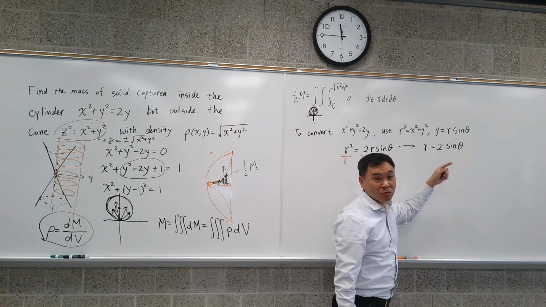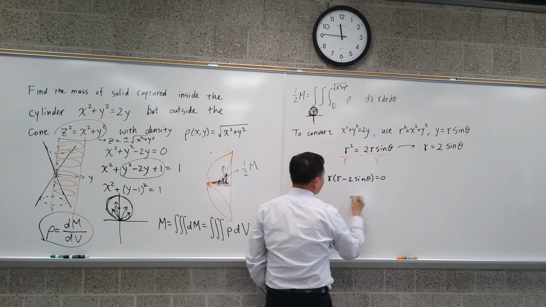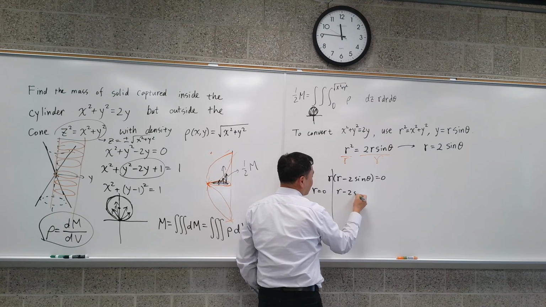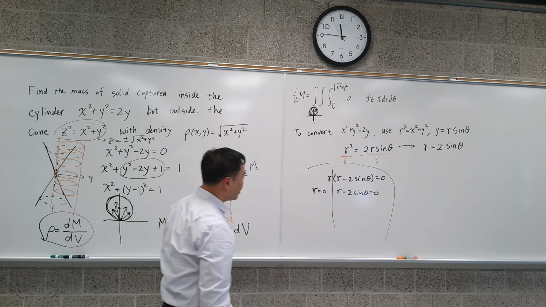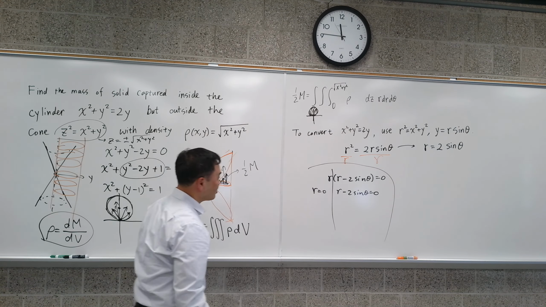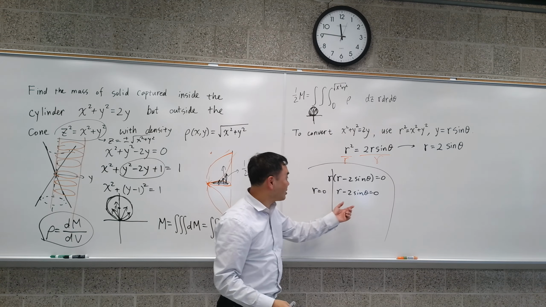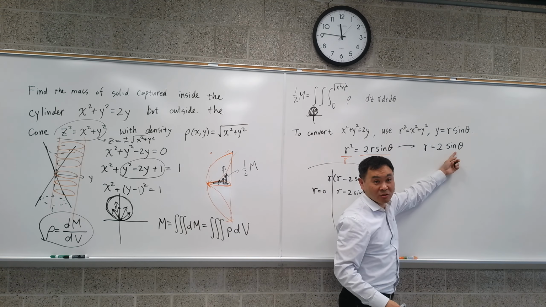Another way to think about it is if you move this to the other side and factor by r, it's like r times (r minus 2 sine theta). And if you solve for it, you get r equal to 0, and you get r minus 2 sine theta equal to 0. Oh, don't write this part. I'm just trying to add more context here. What is r equal to 0? That's just the single point at the origin, right? What is this one? That gives you the full circle. I explained last time that one petal rose is going to give you just this full circle, right?